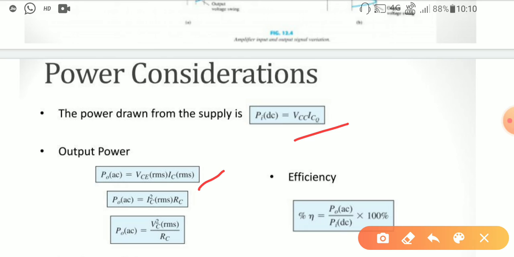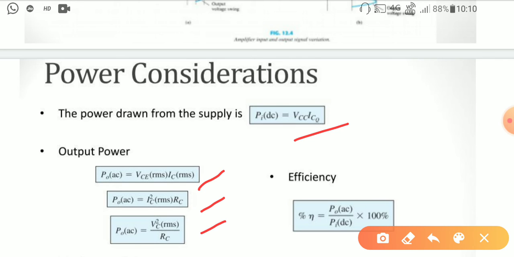Because power is equal to V into I. If you represent this in terms of current, PO AC is equal to IC squared RMS times RC. In terms of the collector side voltage, it is VC squared RMS by RC.